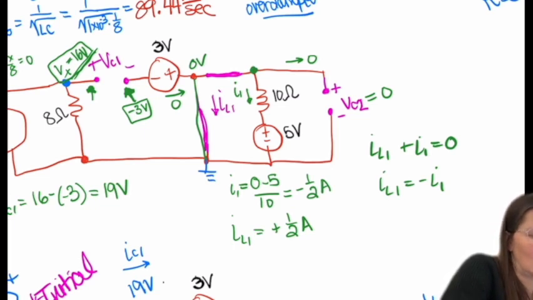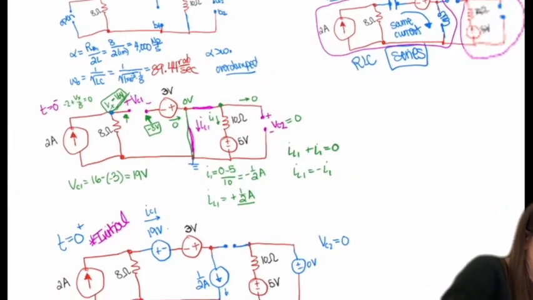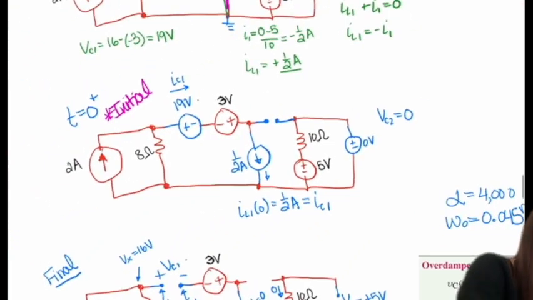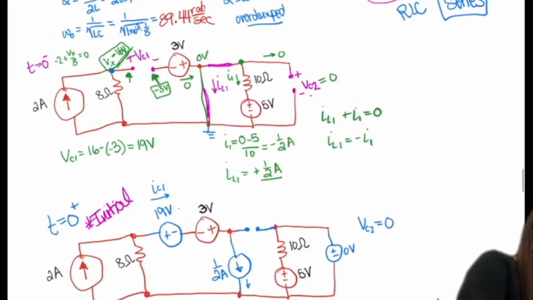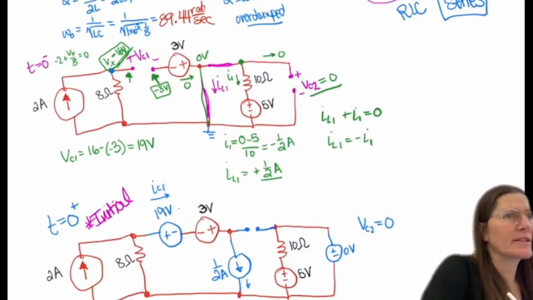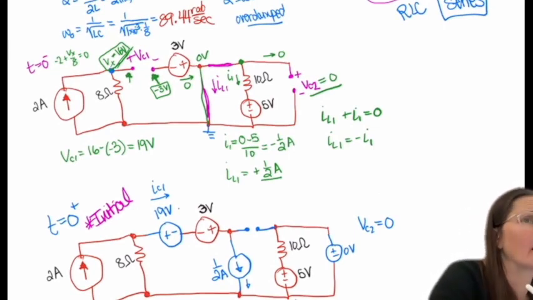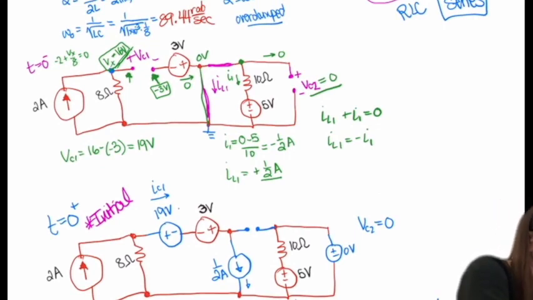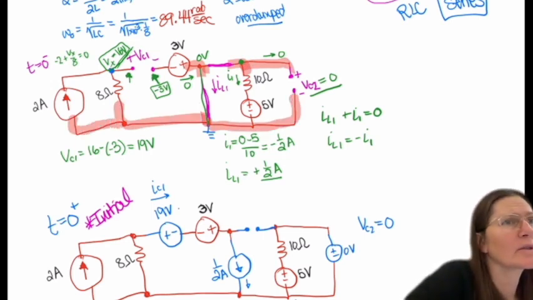That's a -1/2, so IL1 is a +1/2. You guys all following that one? Okay. All right, then in the initial stage, I replace the voltage source and I replace the current. Then VC2 is going to just be 0 because it's in parallel with the wire. If I don't quite see that, I can notice that it's all the same through all those. Okay.